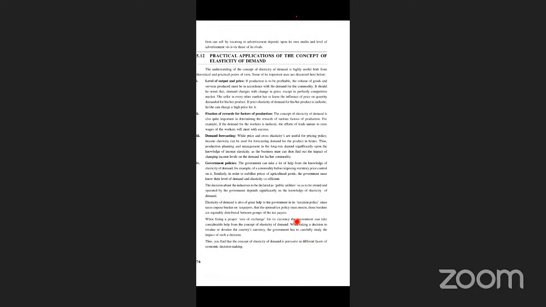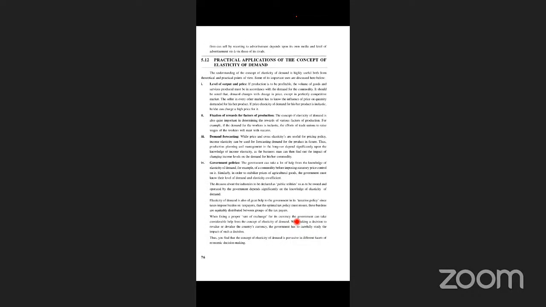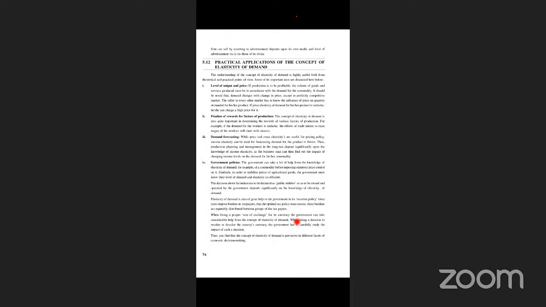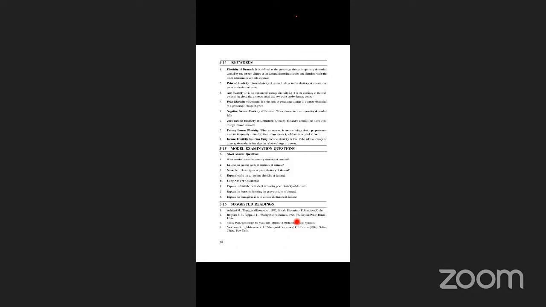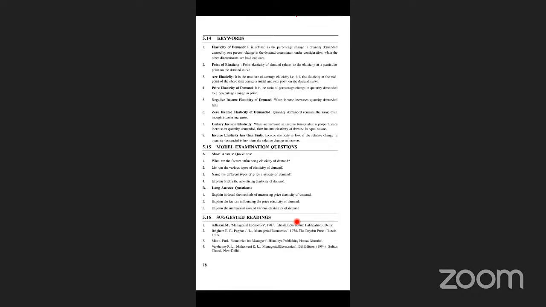Now, in all, the elasticity of demand is applied in various contexts, and we learned this in yesterday's session. I explained to you at the government level, forecasting level, production, pricing strategies level, etc. Okay, so there are concepts here, short answers and long answers, which you all can focus on.